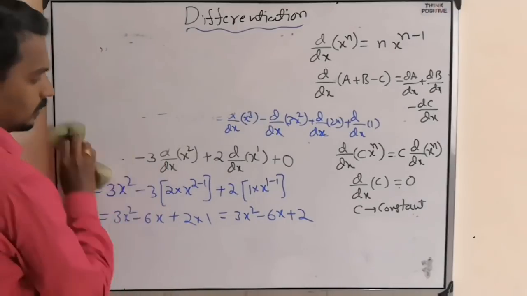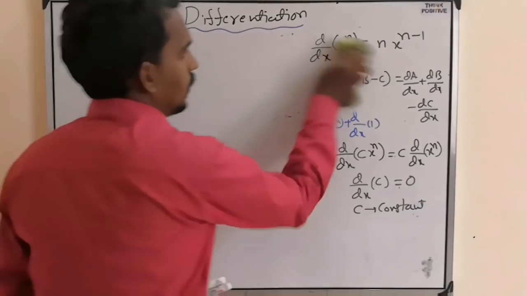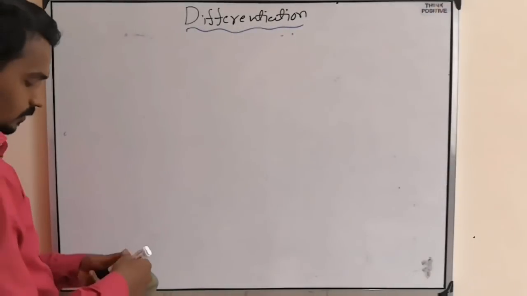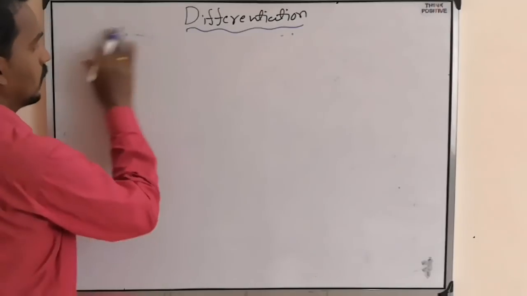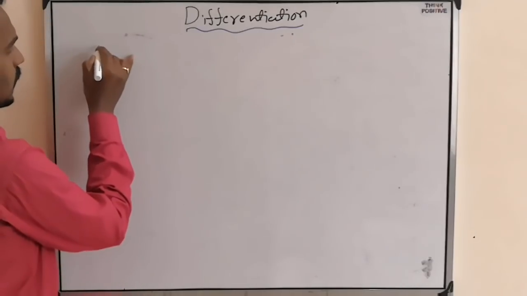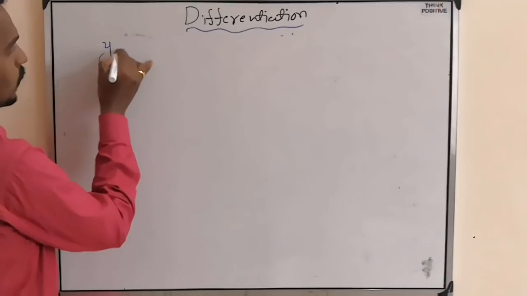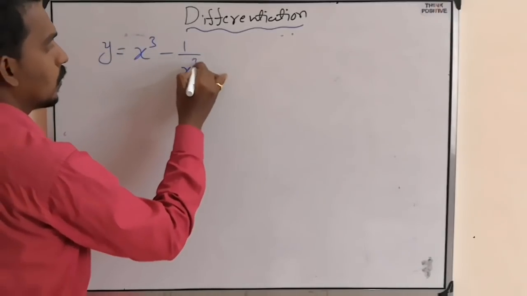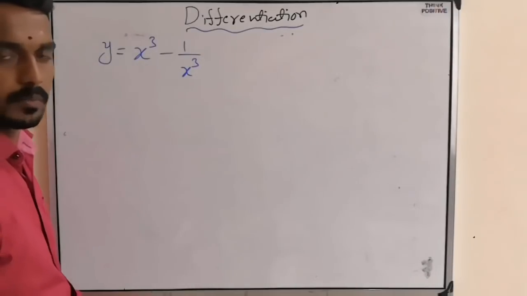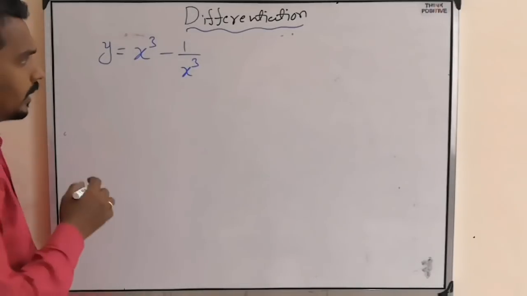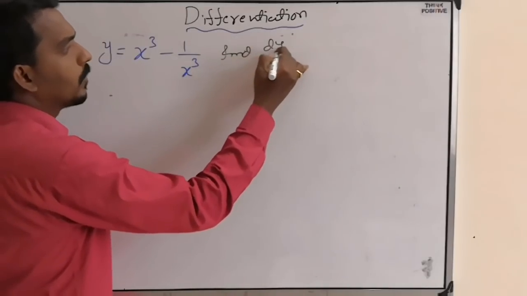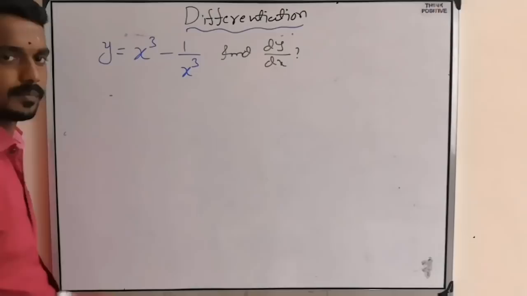Now, one more example. Last example. Let's take now y equal to x cube minus 1 by x cube, something. Now they are asking find dy by dx.